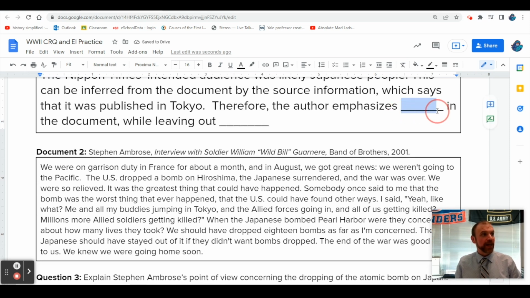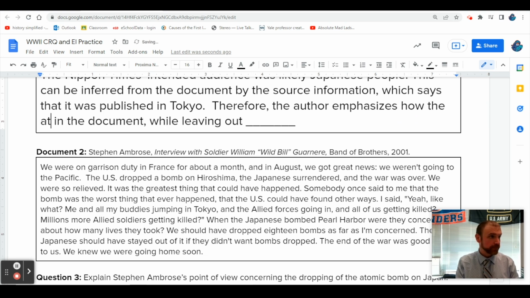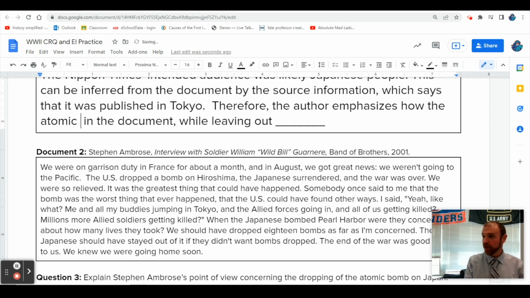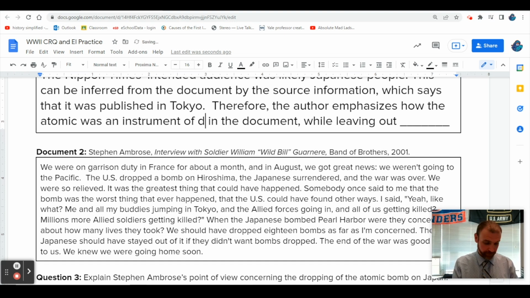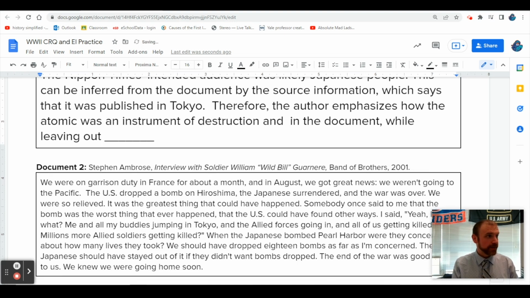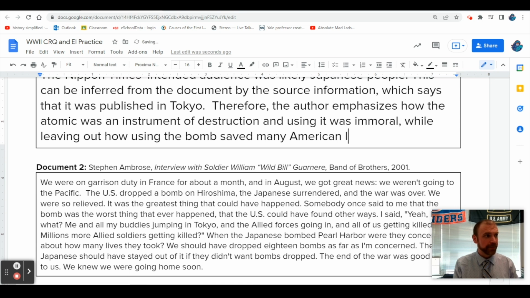Therefore, the author emphasizes how the atomic bomb, I'm going to use the evidence from the article, was an instrument of destruction, and using it was immoral. While leaving out how using the bomb saved many American lives.